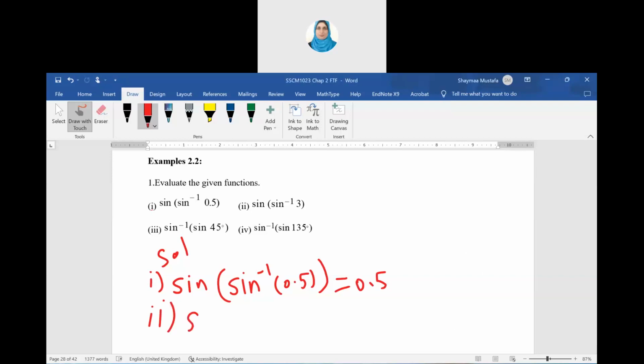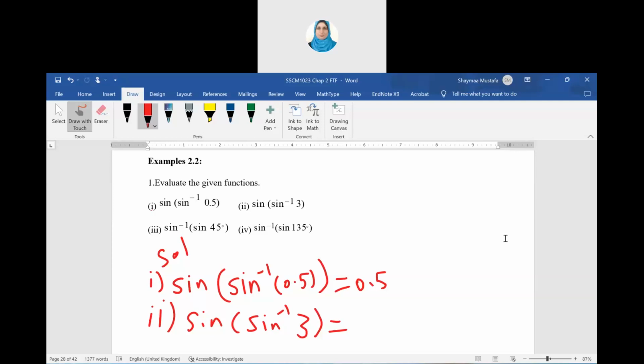Second one, sine of sine inverse 3. This one equals what? Sine of sine inverse 3 equals what? One student wrote 3.